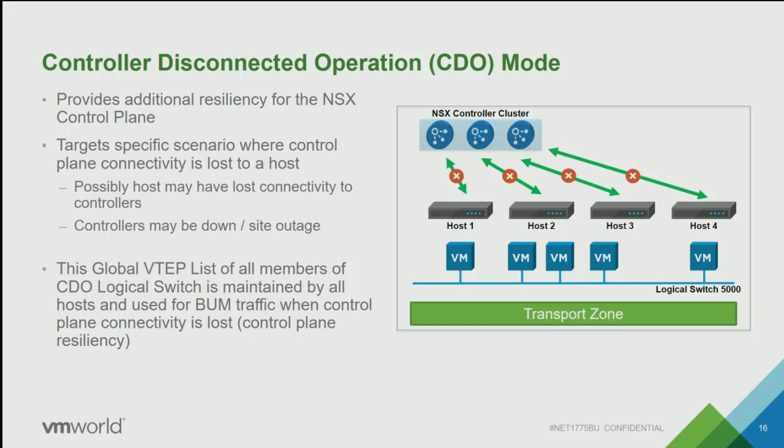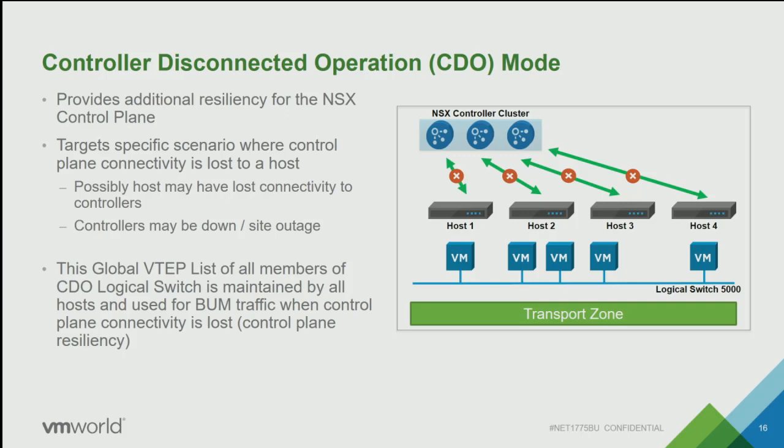So what we do with CDO mode, there's a bullet point here at the bottom that basically says what CDO does is makes another switch to handle this BUM traffic. And BUM isn't a derogatory term for some of the people that you see walking across the bridges. The BUM is broadcast, unknown unicast, and multicast traffic, right?